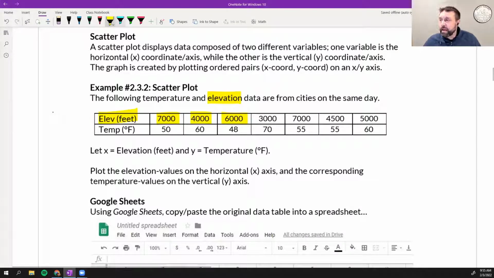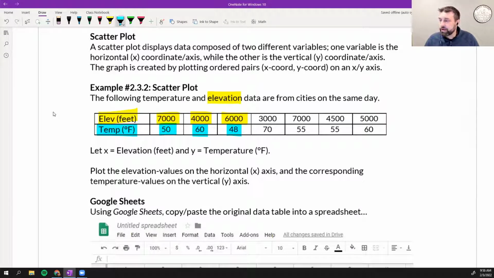And here is the temperature of those cities on the same day. So you travel to maybe Colorado, and on June 23rd, you travel to these 7 cities. You measure the elevation, you measure the temperature, and you collect this data and put it in a table, okay?